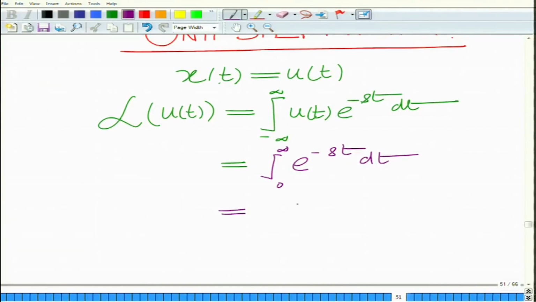Which is e power minus s t divided by minus s evaluated between the limits 0 and infinity.